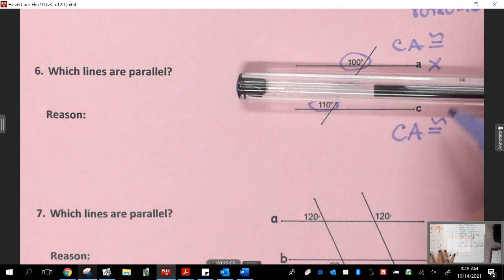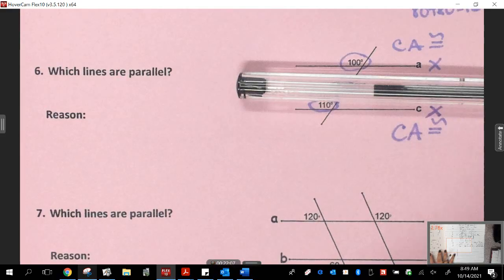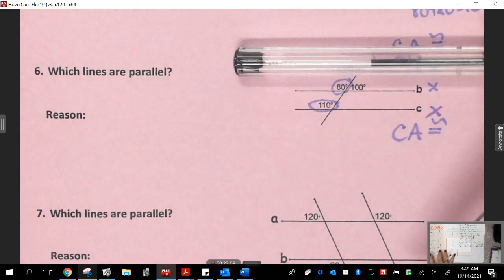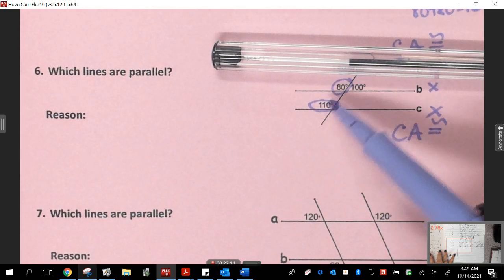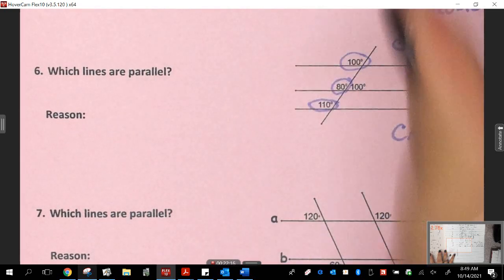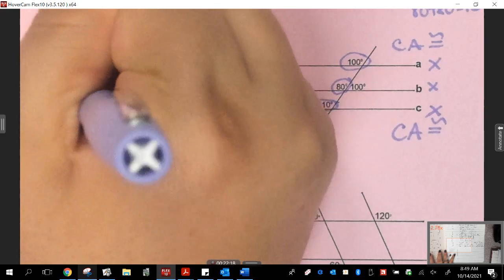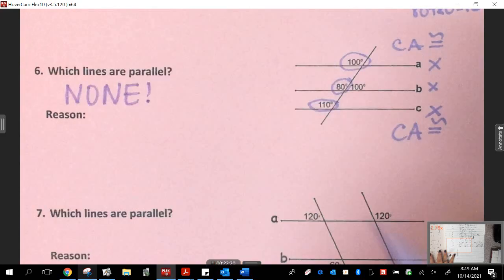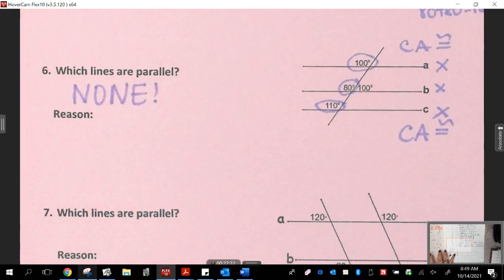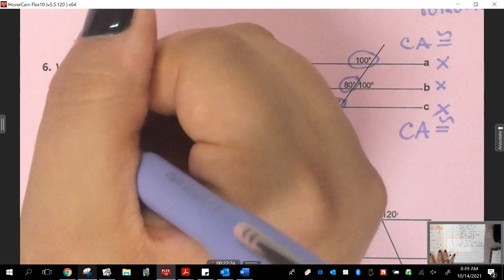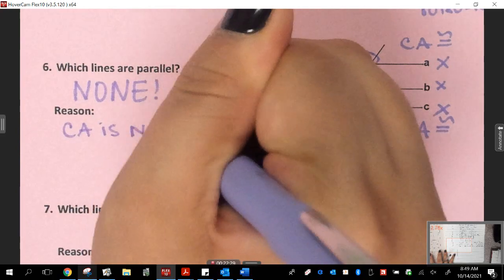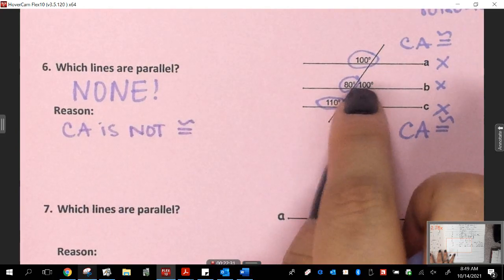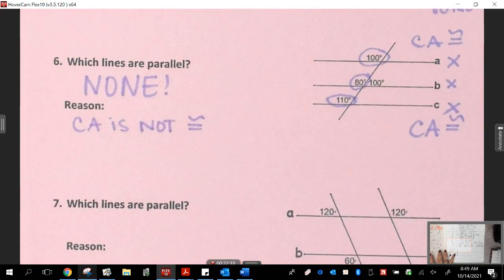No. So these are not parallel. Let's cover up A. Are these the same? So are any of them parallel? No, none. Those are a linear pair, but that doesn't tell me anything about parallel.